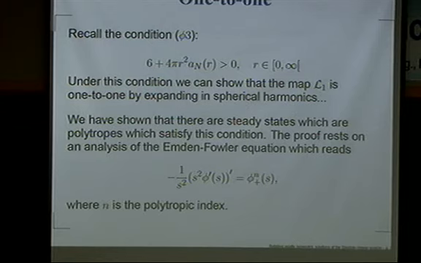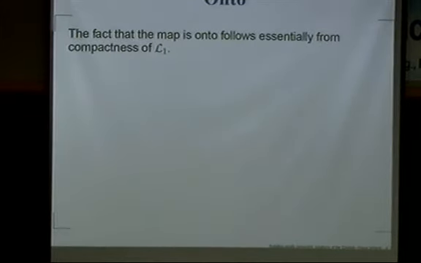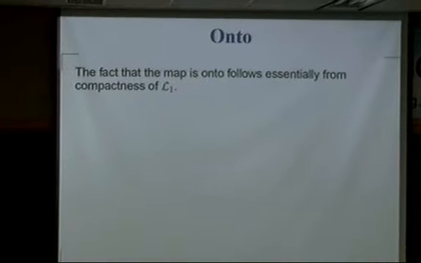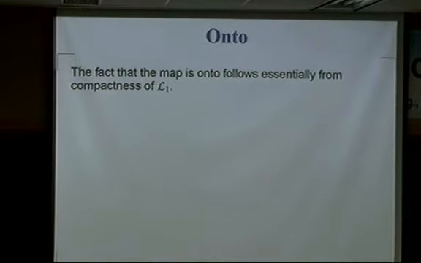And in order to see that there are such steady states satisfying this relation, we have to do an analysis of the so-called Emden-Fowler equation. Maybe I have time in the end to say something about that. And the onto part essentially follows from the fact that map L1 is compact.